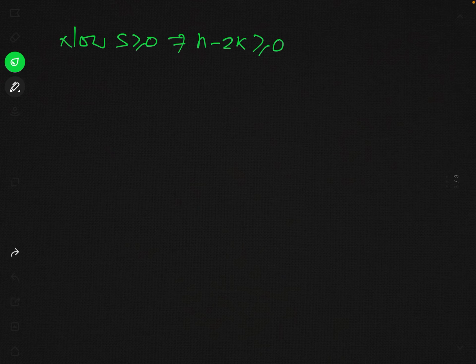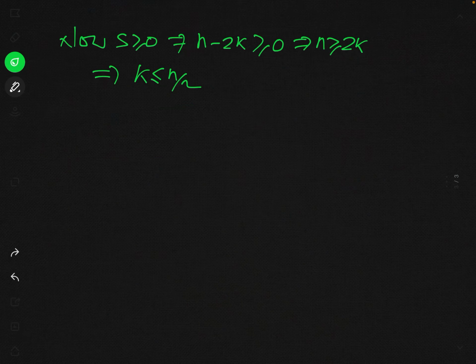And if n minus 2k is greater or equal to 0, you can see that n will be greater or equal to 2k. Or in other words, you can say that k will be less or equal to n by 2. In fact, this result, when you say that k is less or equal to n by 2, actually gives all values of k for which this equation 3 will hold.